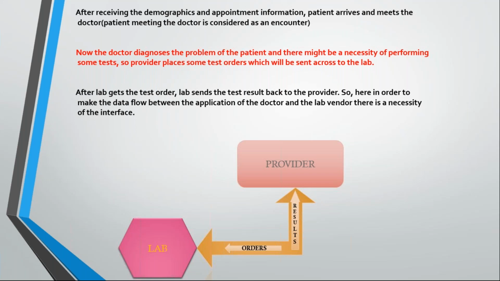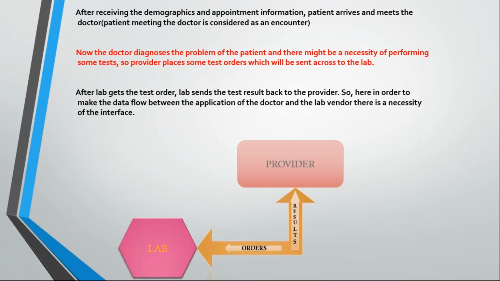If they are able to diagnose, they will treat the patient with medicines or prescriptions. But if they can't, they will order certain tests needed to reach a conclusion on what kind of problem the patient is facing.